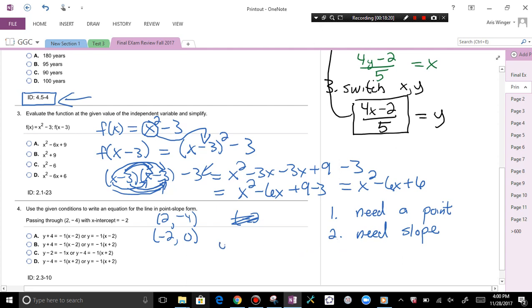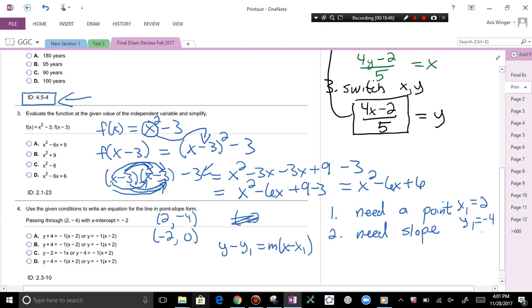So the formula is y minus y1 equals m times x minus x1. That's the point slope form for a line. We're going to use the point 2 comma negative 4. So x1 is 2, y1 is negative 4.